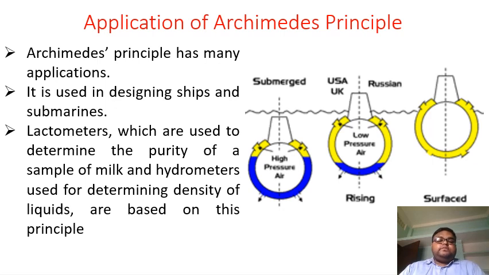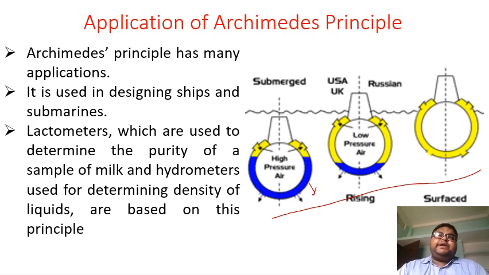In designing ships and submarines, the Archimedes principle is used. Students, can you see here? Here is a cross section of a submarine. When the submarine has to submerge, it fills its ballast tank with water.